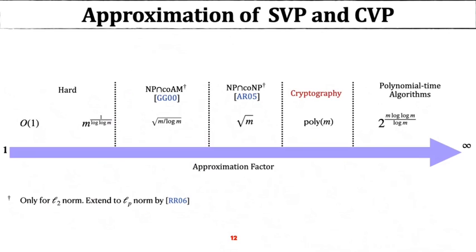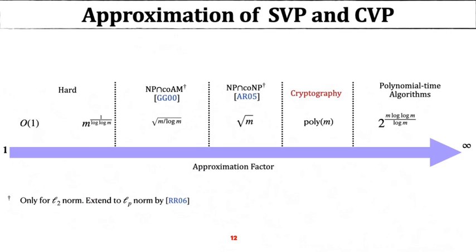So now we know what SVP and CVP are. Let's talk about the state of the art for the approximation of SVP and CVP. Up to an approximation factor of m to the power 1 by log m, SVP and CVP are known to be hard.